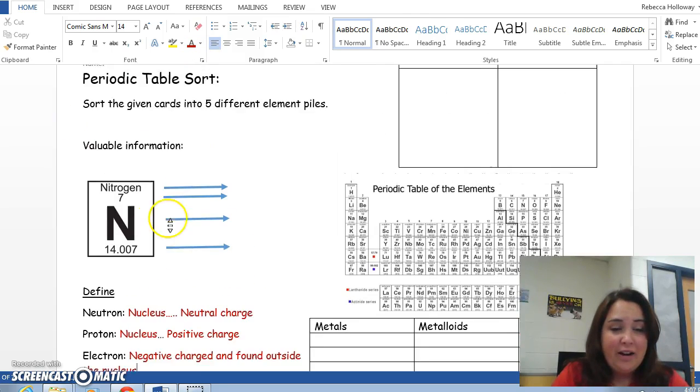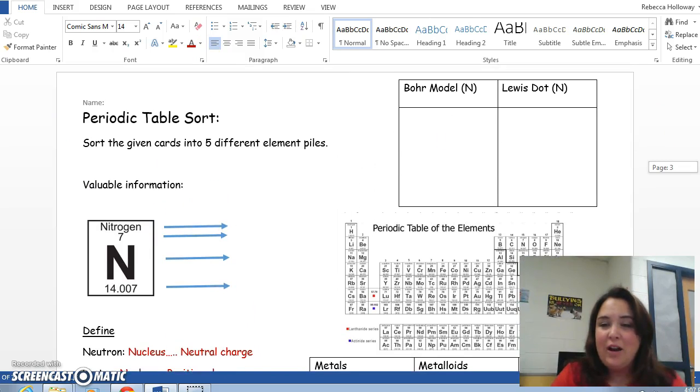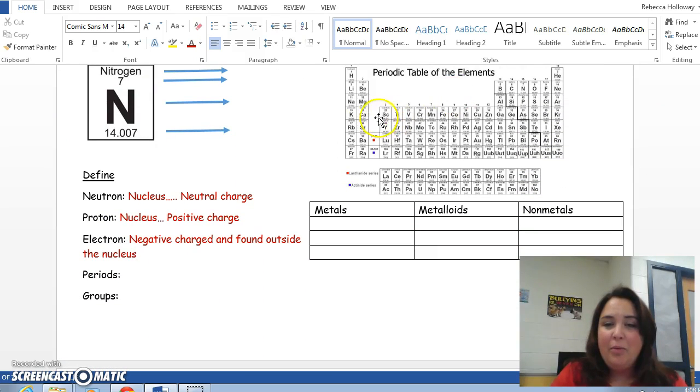All right, periods. When you're talking about the periodic table over here, the periods are the ones that are going left to right. They're horizontal. So I'll just put left to right, left to right.